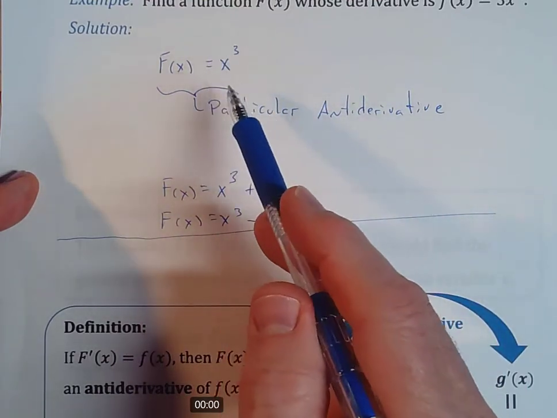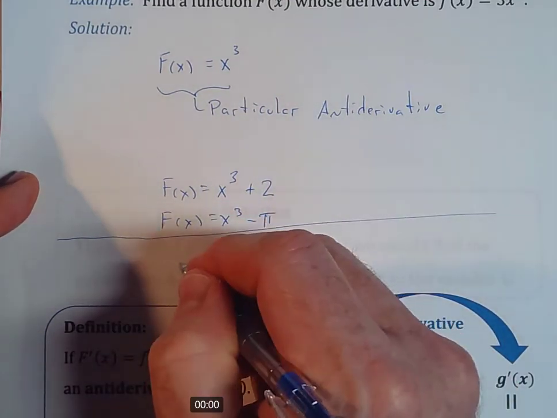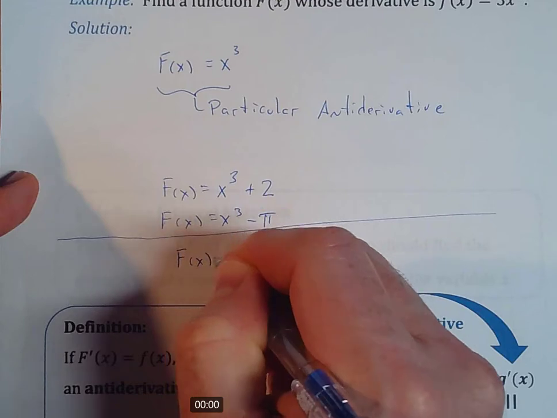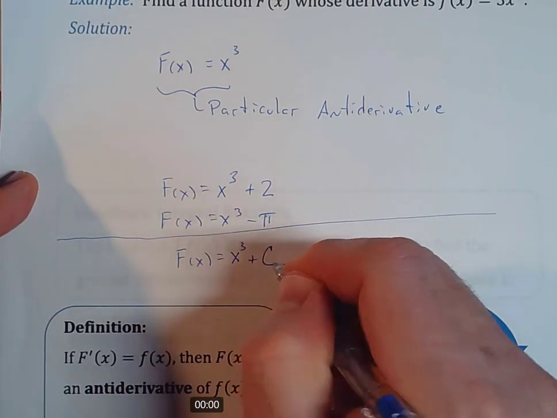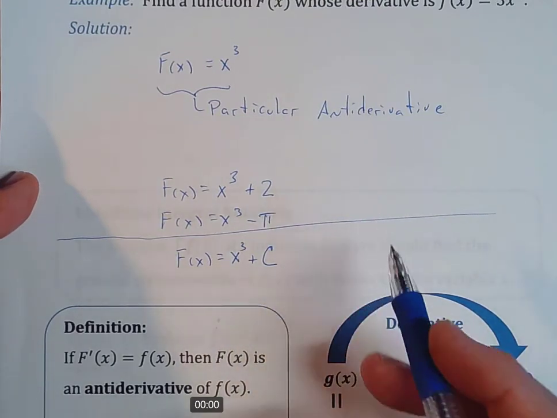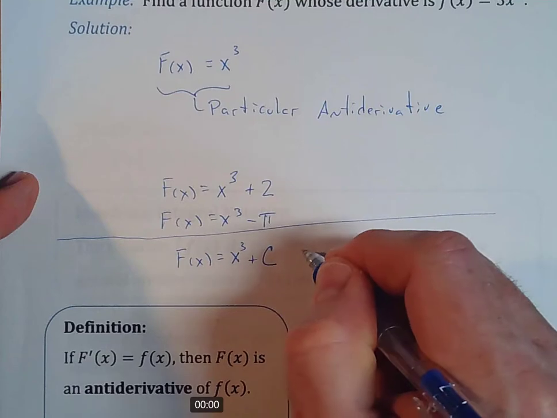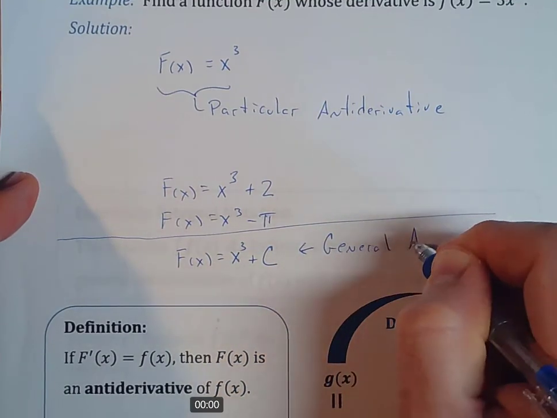It seems like the x cubed part is the important part here, and that's exactly the case. F of x equals x cubed, and if I just add on plus c here, and c in this case represents any constant, then I call this the general antiderivative.